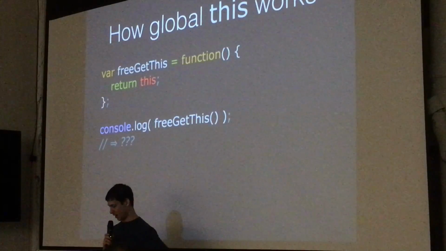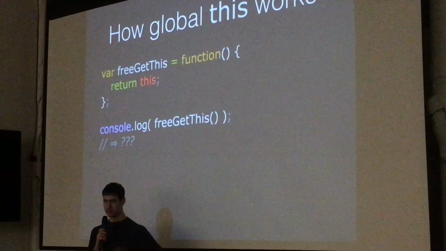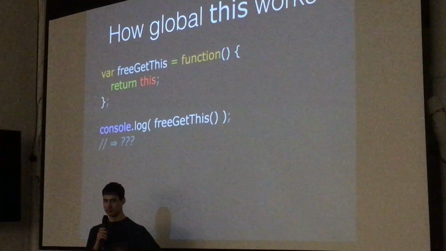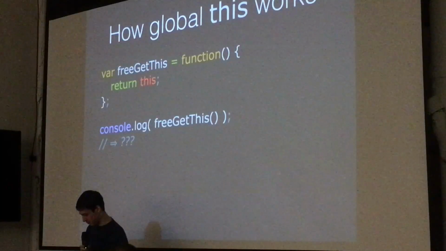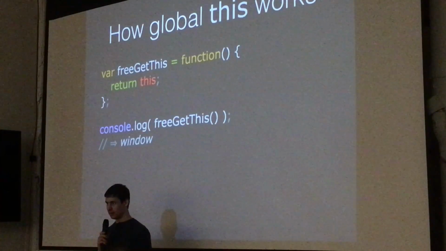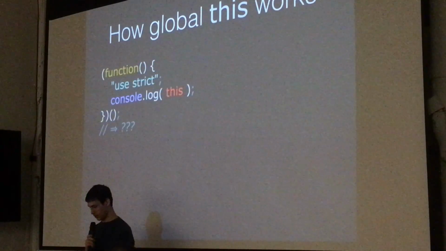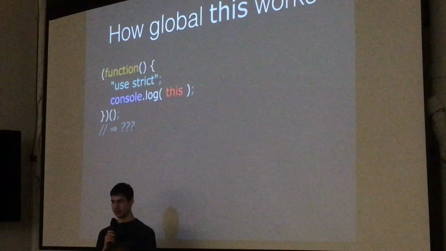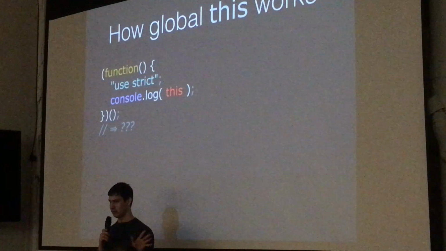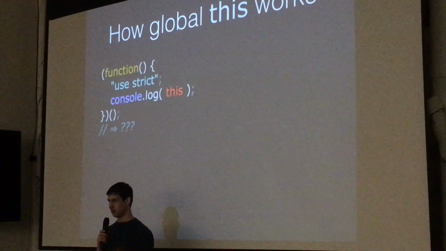Now, what if we have a function that just returns this and we call it in the global scope? Yep, still window. And so JavaScript has the feature strict mode, which is when you start a function definition with the string use strict, and it tries to raise errors more often than default JavaScript.